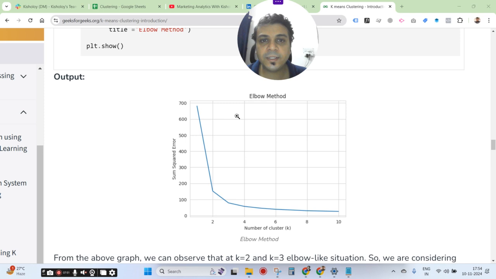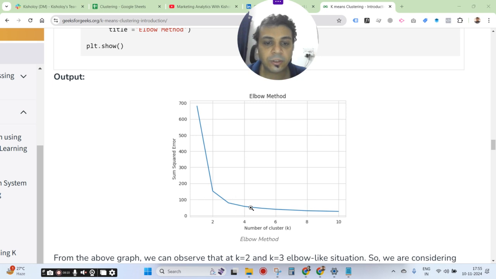Most machine learning algorithms work in this way. There's this thing called sum of squared errors, and as you can see, this has to be reduced. That's where the performance is measured, how well the algorithm is performing. Essentially this curve is telling us at what point the error reduction is no longer happening at any significant pace.